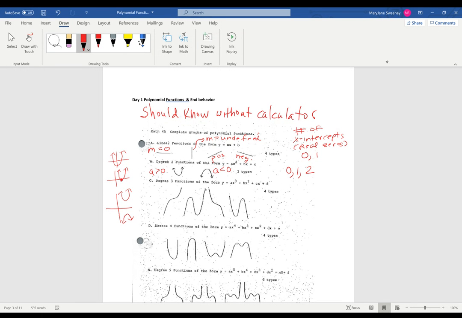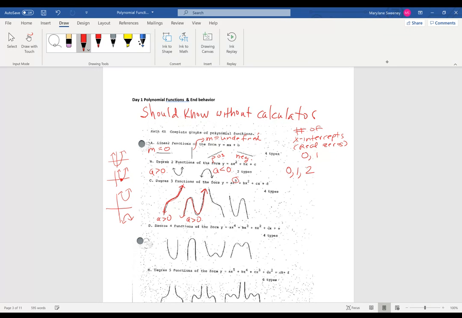Now, with a degree 3, because that's an x cubed, we can start down and up. That's if a is greater than 0. This is also a greater than 0. We start down and up. So I always say if a is positive, it's one of these: start down and up.